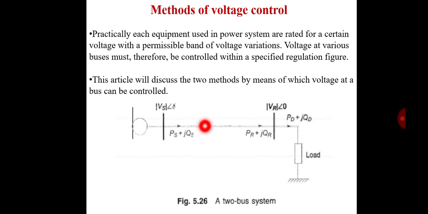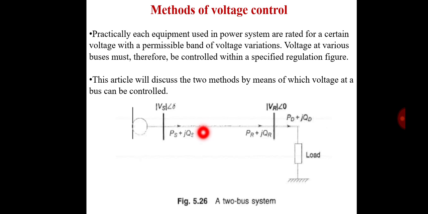Practically, each piece of equipment used in a power system is rated. All equipment is installed in the power system as per the requirement and their ratings, and the ratings of these equipments are fixed.